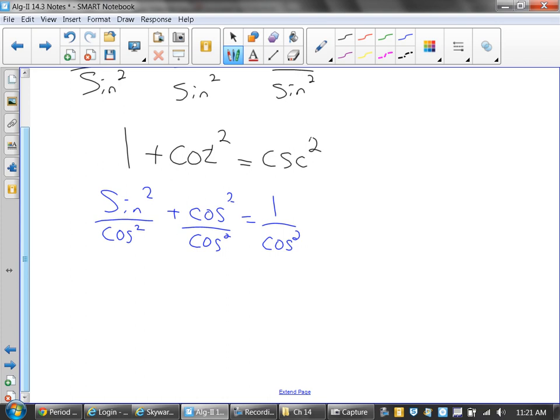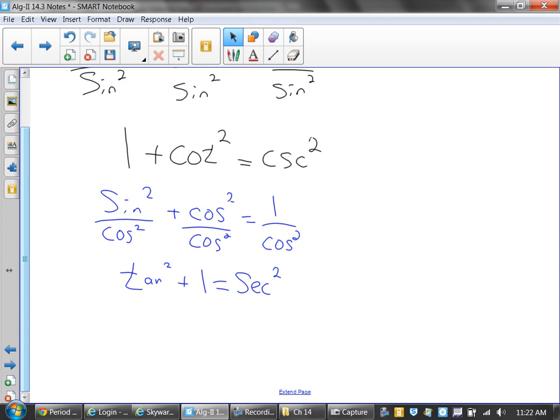Sine over cosine would be tangent, so this would just be tangent squared. Cosine squared over cosine squared is 1. And that's 1 over cosine squared then. There's your other identity. Again, I can manipulate and get tangent squared by itself just by subtracting 1 if I wanted to.